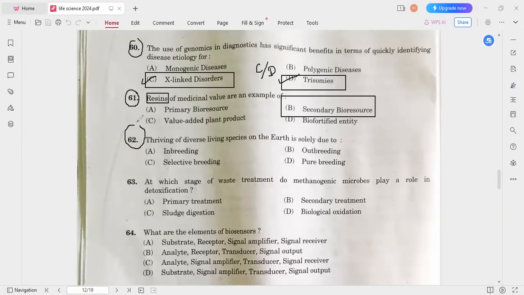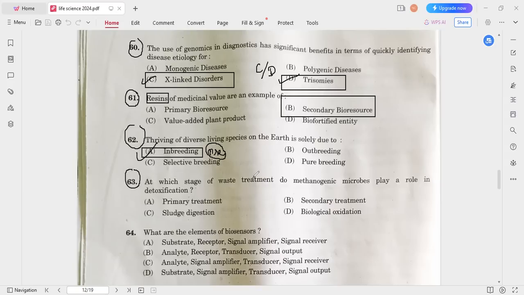Thriving of diverse living species on the earth is solely due to what? The answer is option A, inbreeding. Inbreeding helps in the accumulation of superior genes, which will increase the diversity. Next, question 63.